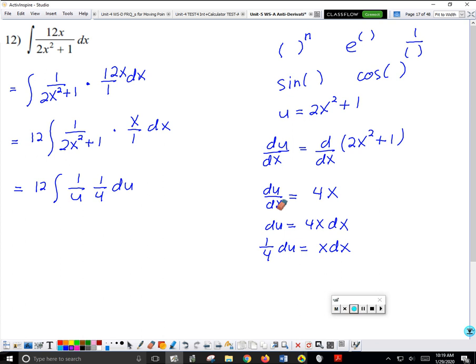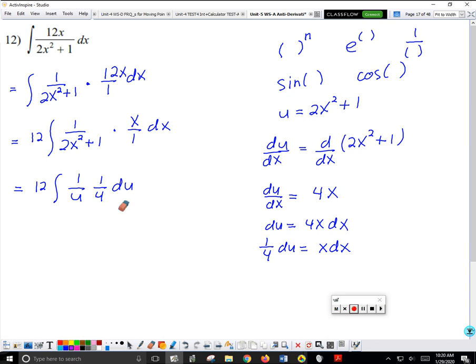It's just weird how the combinations all work. So I multiply the dx across to get to here. Now I'm going to multiply both sides by a 4. See that? So now x dx can be replaced with 1/4 du. Good job, Cindy. 2 points.